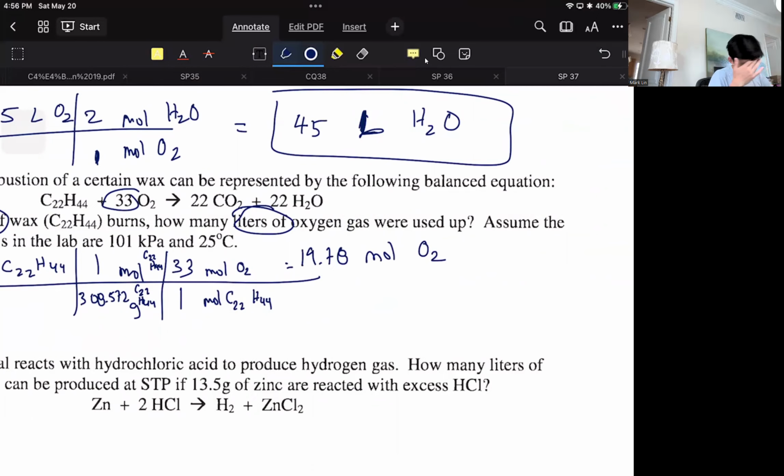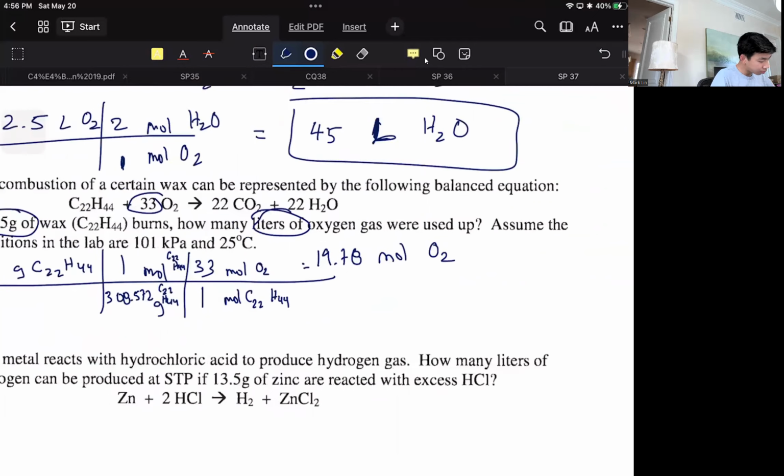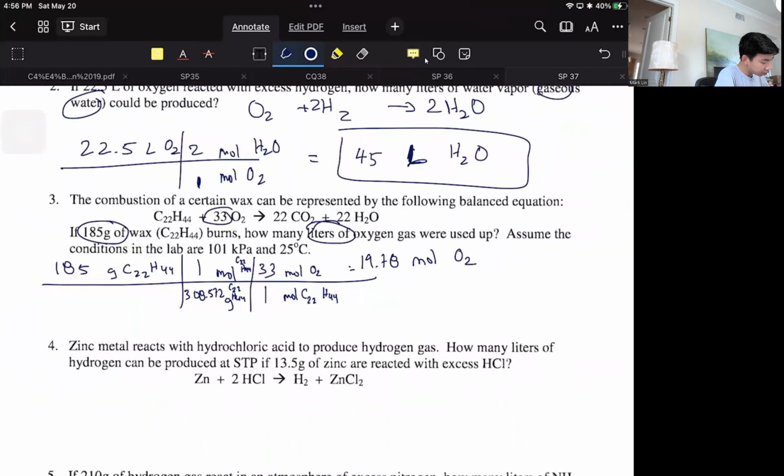And then you have moles of O2, and to get to liters of O2 you're going to be using PV=nRT. Pressure is 101, 25 degrees Celsius. PV equals nRT, V is what you're trying to find, the liters. n is 19.78, the gas constant is 8.314.